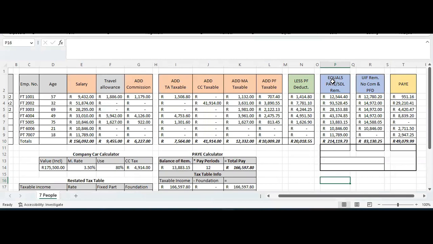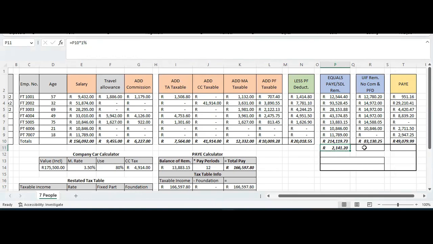We know that the skills development levy that is paid by the company is 1% of the SDL remuneration, the total there. So we take that total and we multiply it with 1%. And when we multiply it with 1%, we get an amount just over 2,000. That must be paid to the Skills Commission, but we pay it to SARS and they will pay it over.